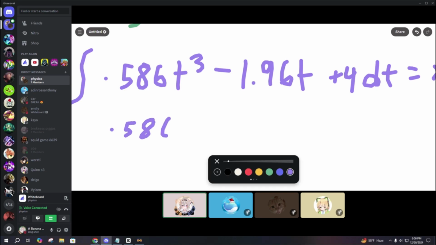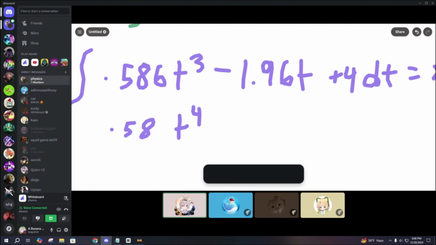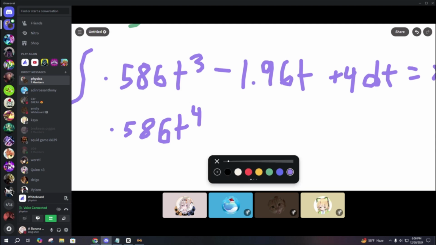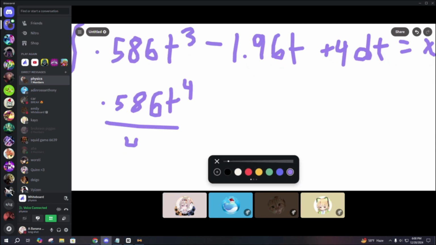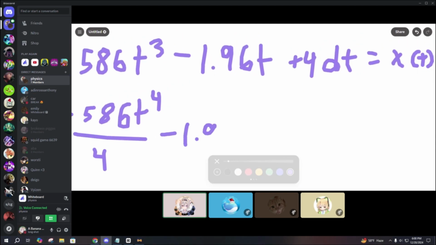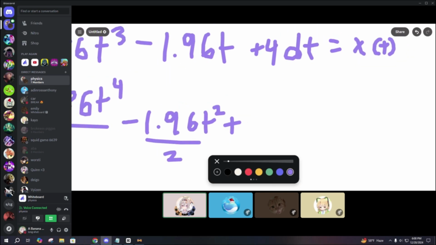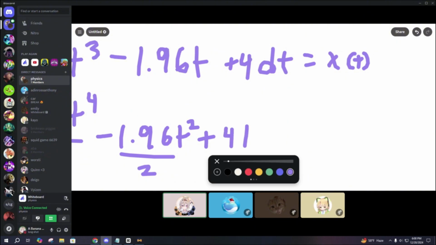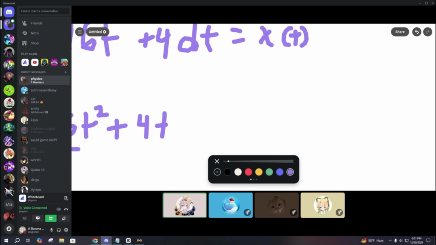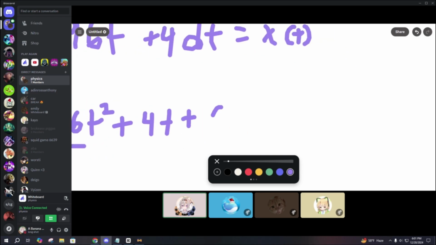So 0.586 t to the power of 4 over 4, minus 1.96t, plus, oh no, once again, add to the exponent and divide by the new exponent, over 2, and plus 4 times t, because if I take the derivative of this, it gets me back to 4, and the integral is just reversing the derivative, plus c. It's going to be equal to x(t).